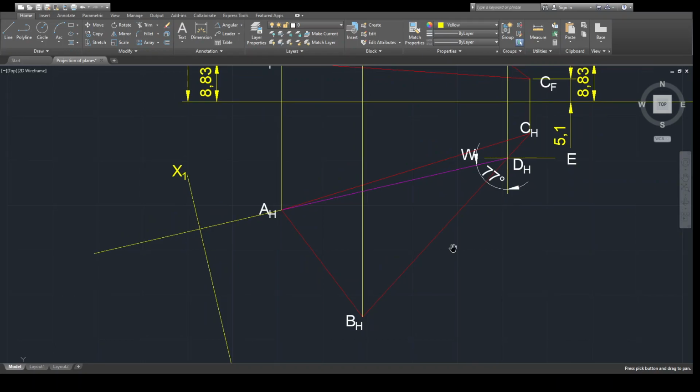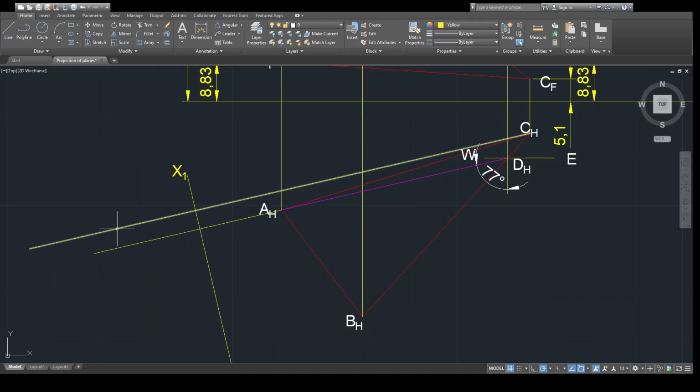Let us now extend the projection from points CH and BH. AHDH we have already extended. Let us extend the projection from point CH as well, and this line should be perpendicular to x1 y1 and parallel to the AHDH line. Why is parallelism required?